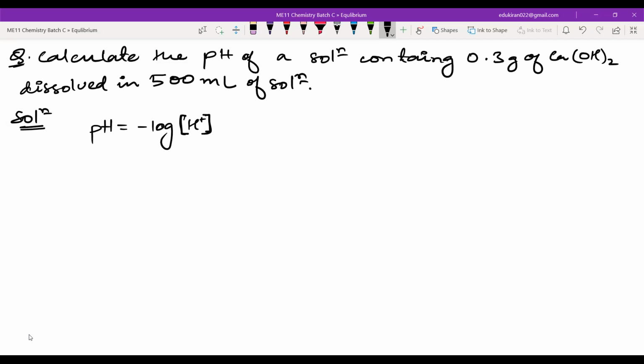That is why we will calculate the concentration of OH negative, and from that calculate the concentration of H positive. We need the concentration of H positive to calculate the pH. This is equal to Kw upon the concentration of OH negative, which we can easily get if I calculate the molarity of this solution. Yes or no?